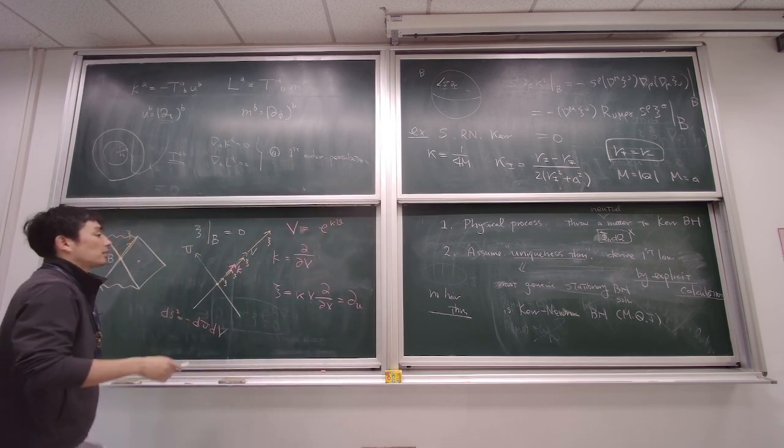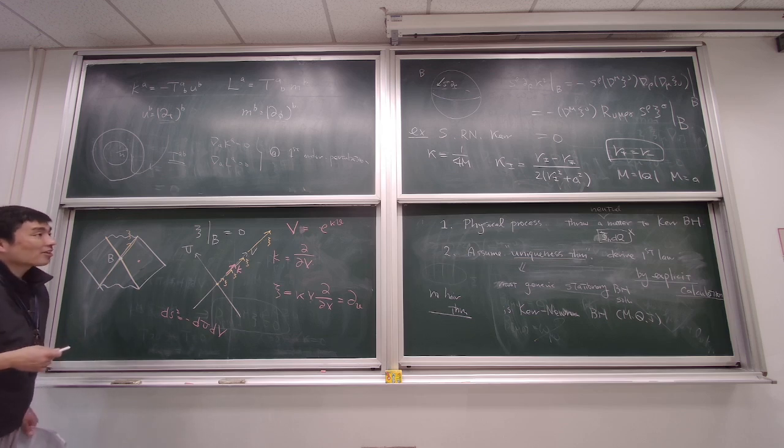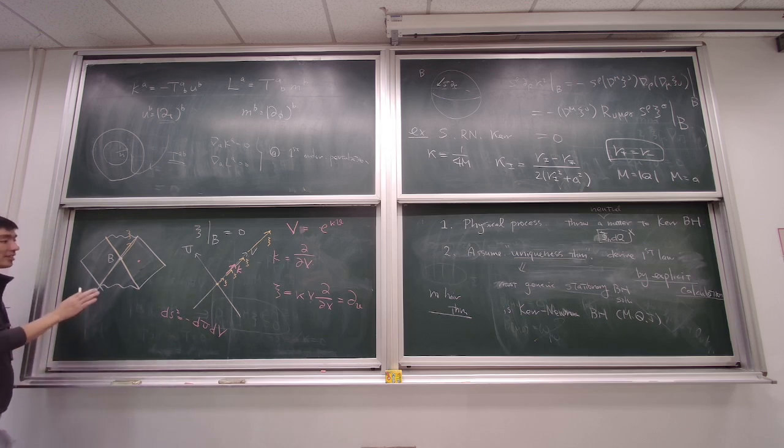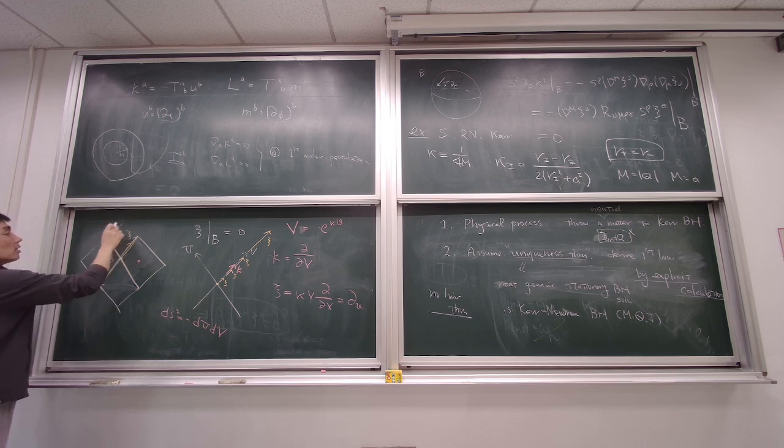The setting is exactly like this. We already knew how the curved space-time looks, but we only look at the curve. I don't want to write it all down, but the curve is something like this way, and then this way.